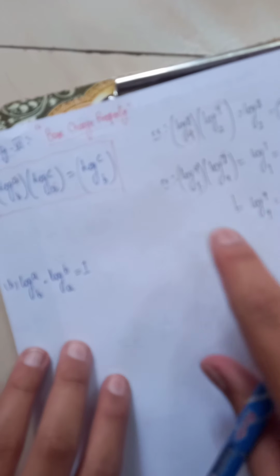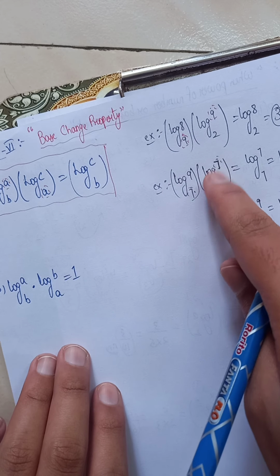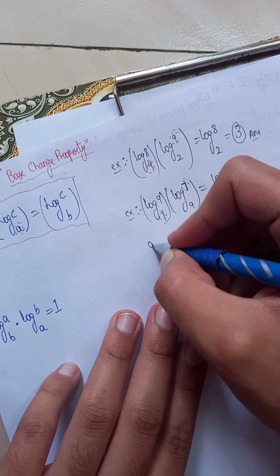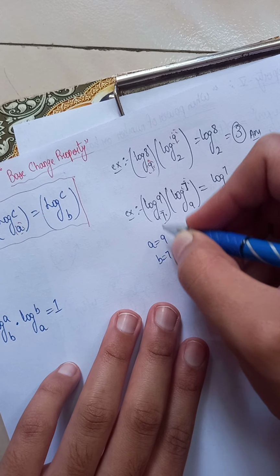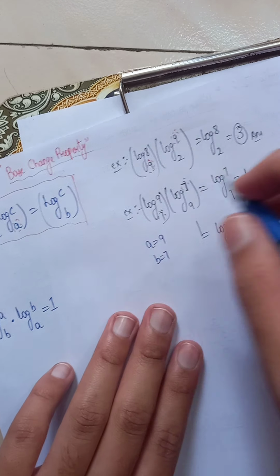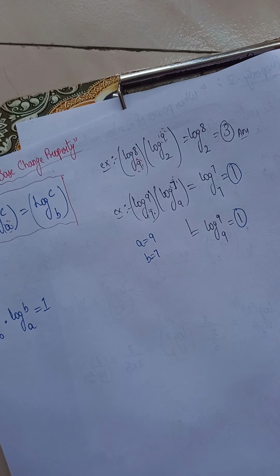That is the same thing which I taught you here. See, log a to the base b into log b to the base a. Suppose you assume that in this sum a is 9 and b is 7. So log a to the base b into log b to the base a is 1. We got the answer as 1. Okay.